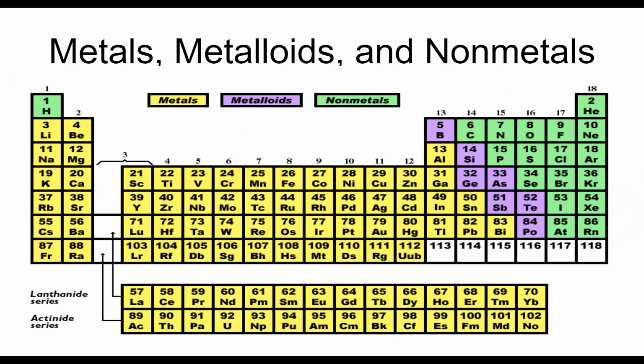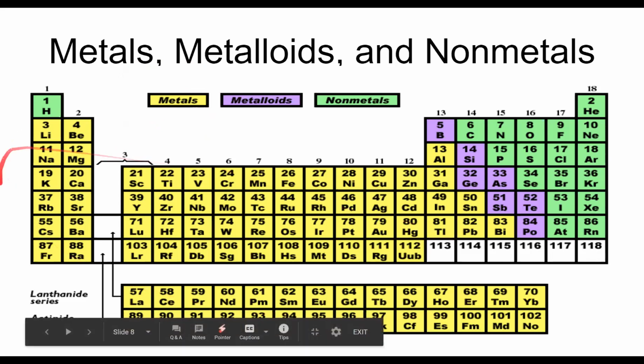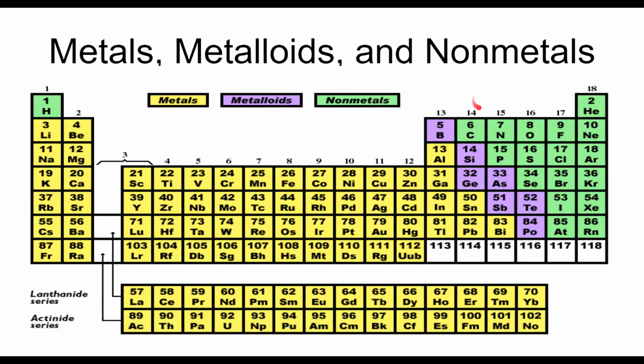And we can divide them into 3 major groups. The metals, which are the majority of atoms on the periodic table, especially on the left and middle section here. We have the nonmetals, which in this table are green and mostly make up the right-hand side of the table, with one little nonmetal, hydrogen, hanging out over here.